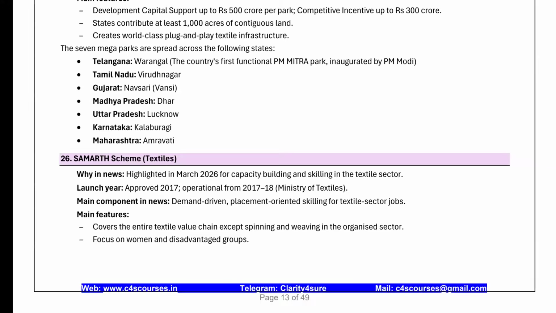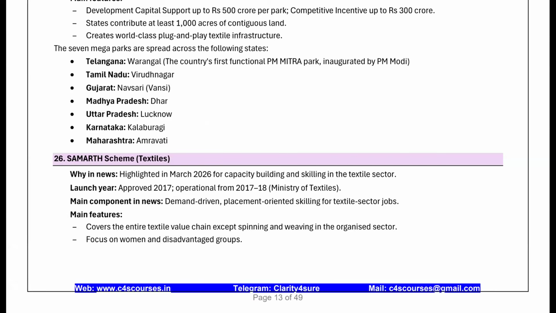Now the 26th, that is the Samarth scheme for textiles. What is it about? Again, it comes under the Ministry of Textiles as well. The key points are that it is a skill development program with placement-oriented training. Because the name is Samarth scheme, right?